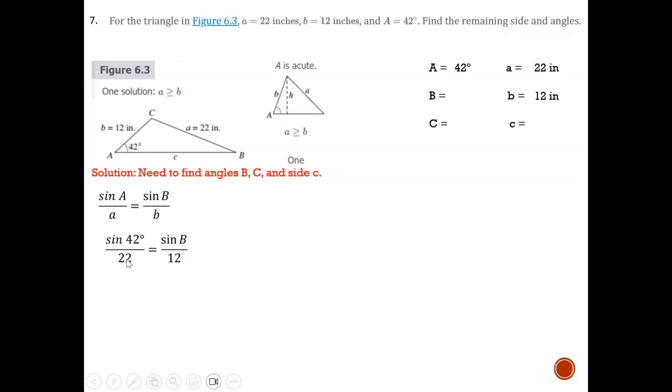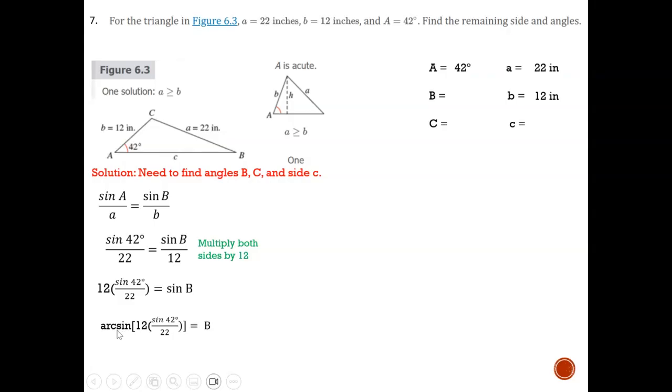Okay, so let's plug everything in. Sine of 42 degrees over 22 equals sine of B over 12. Right, so we multiply both sides by 12. So 12 times sine of 42 degrees over 22 equals sine of B. Now, to solve for B, we take the arcsine on both sides. When we take the arcsine, on the right side it cancels the sine, so I'm left with B by itself.